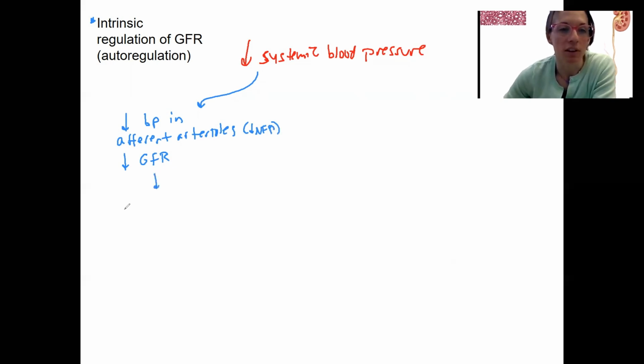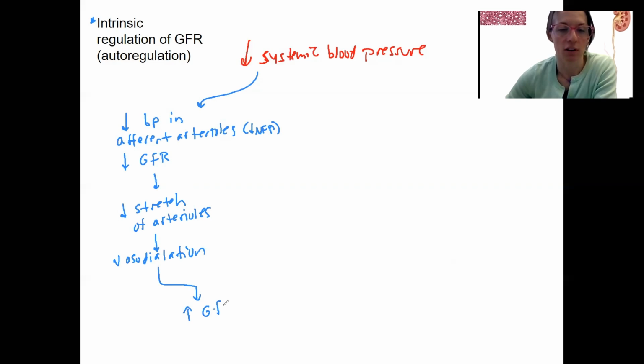This is going to result in reduced stretch of those afferent arterioles. Add that in. Reduced stretch, this is myogenic. This is going to result in vasodilation of those same arterioles. Vasodilation is going to do what to GFR?